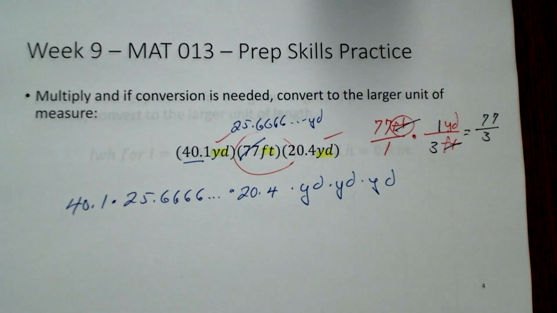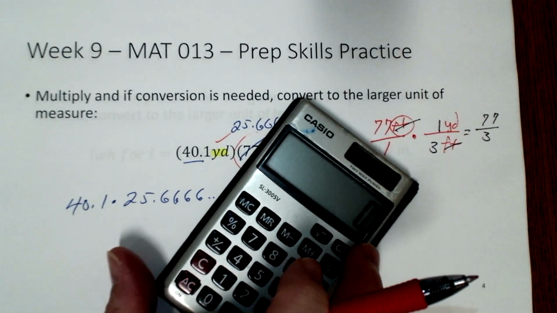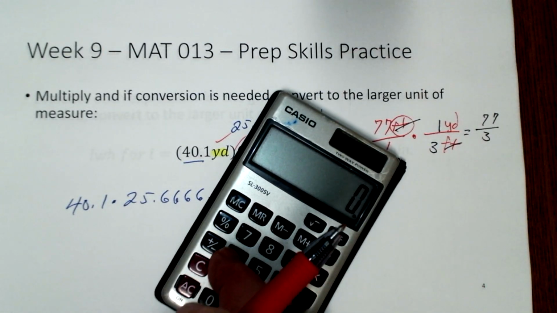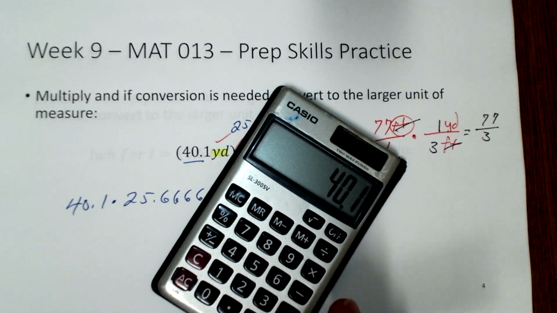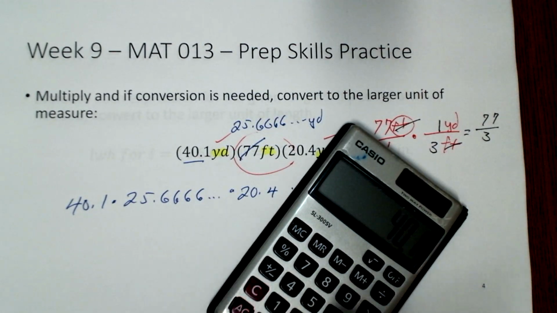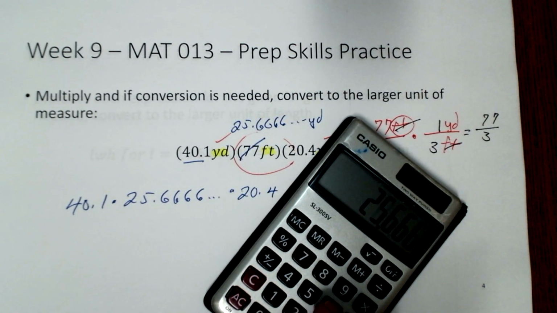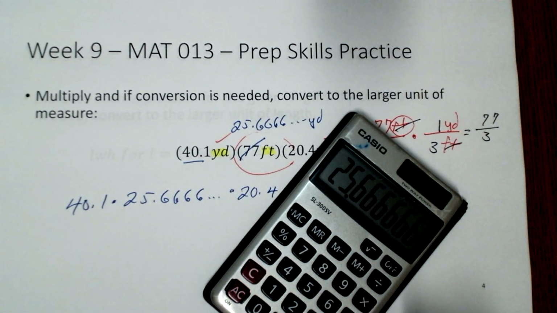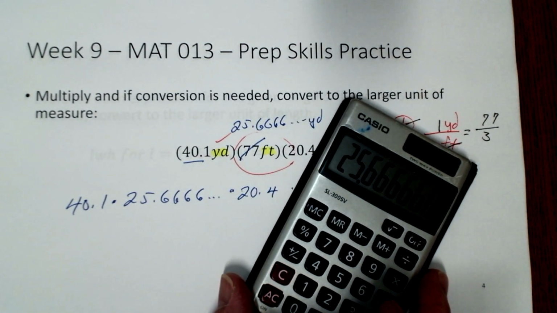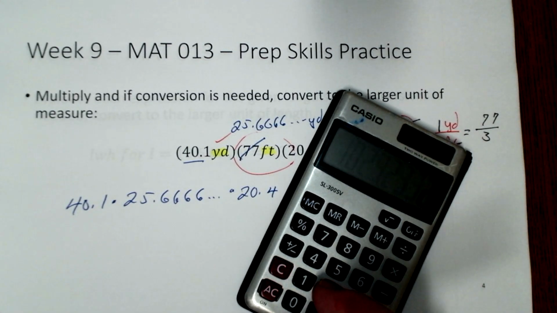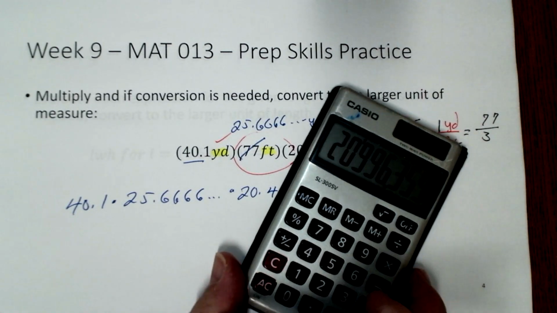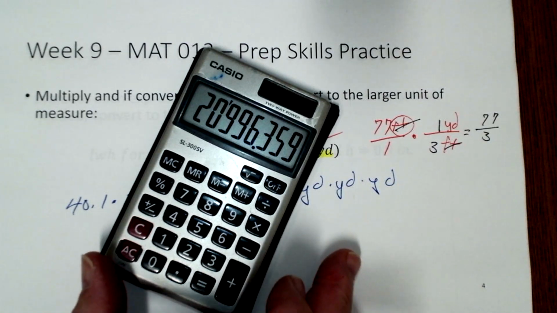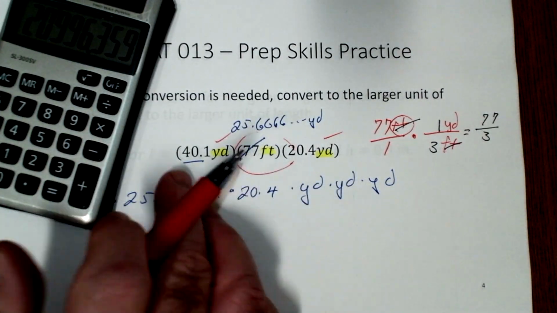Okay, we do the math here. Let's let the calculator do the math for us. 40.1 times 25 point, I'll just fill up my calculator with as many 6s as it will take, times 20.4, and we arrive at that. So this gives us the numerical value.